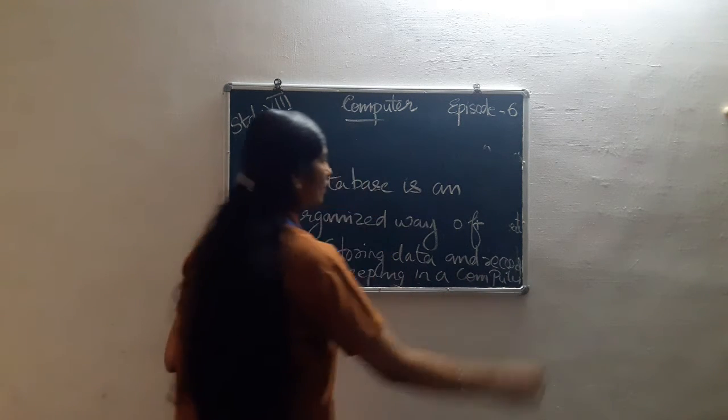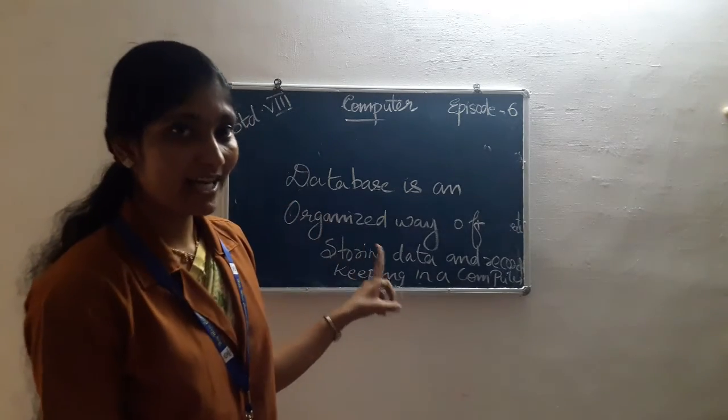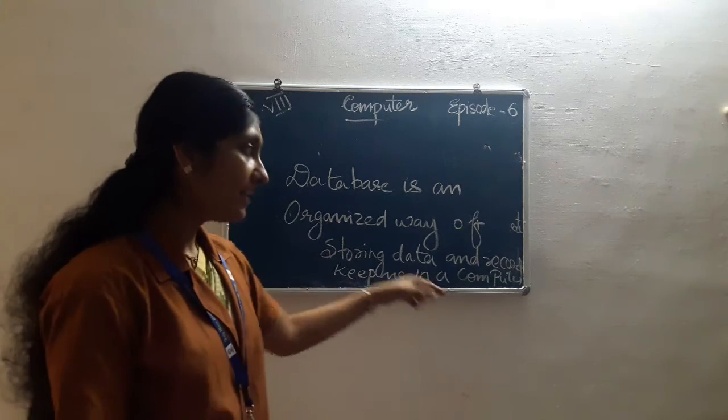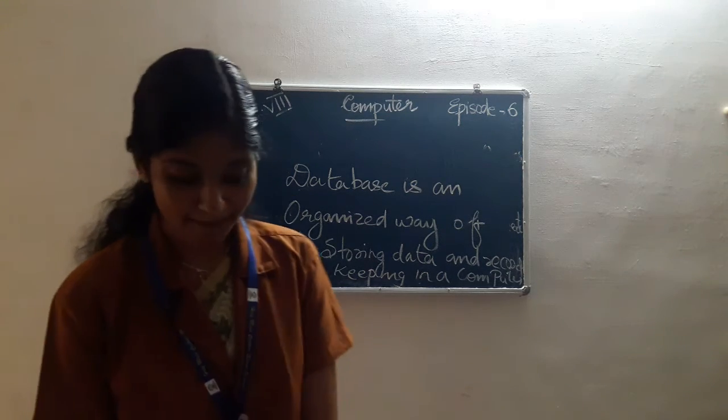So what is the definition of a database? A database is an organized way of storing data and record keeping in a computer.